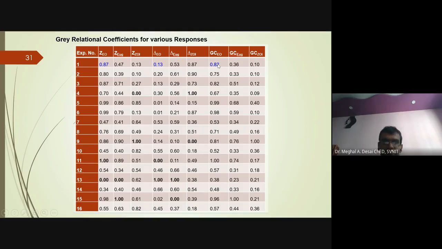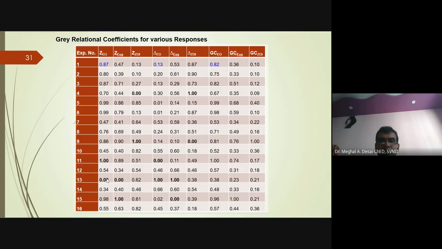Now, if you scroll down and go through this table, experiment number 11 is showing the highest value, 1. Experiment number 13 is showing the minimum value, that is 0.